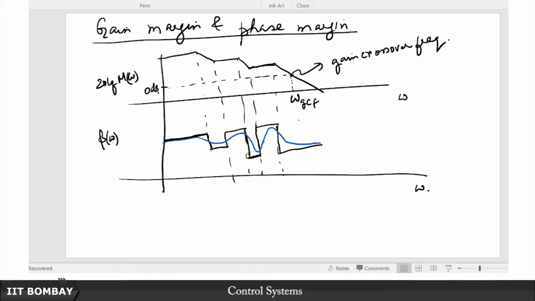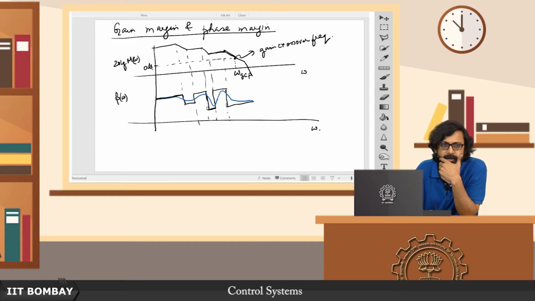Or let me make it even worse. Let us say it goes off like this from here. So there is this additional dip here again, let us say. This is 40 dB per decade and it goes off like this and then like this. So that is at 60 dB per decade.